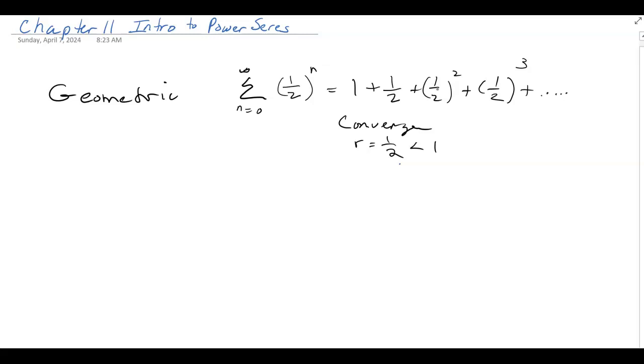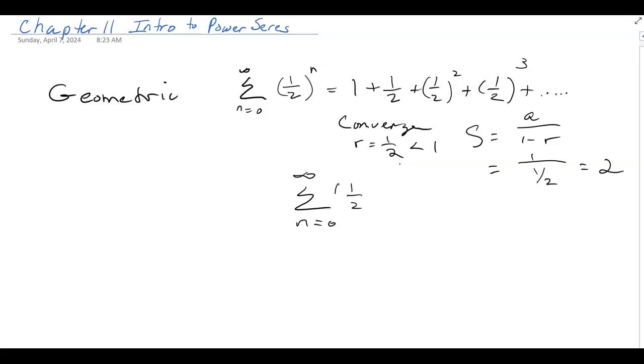We can sum this series, and we can say that the sum is a, meaning the first term, over 1 minus r. Our first term is 1. 1 minus r is 1 minus 1/2, which is 1/2, and 1 over 1/2 is 2. So we know that the summation n equaling 0 to infinity of 1/2 to the n power equals 2.